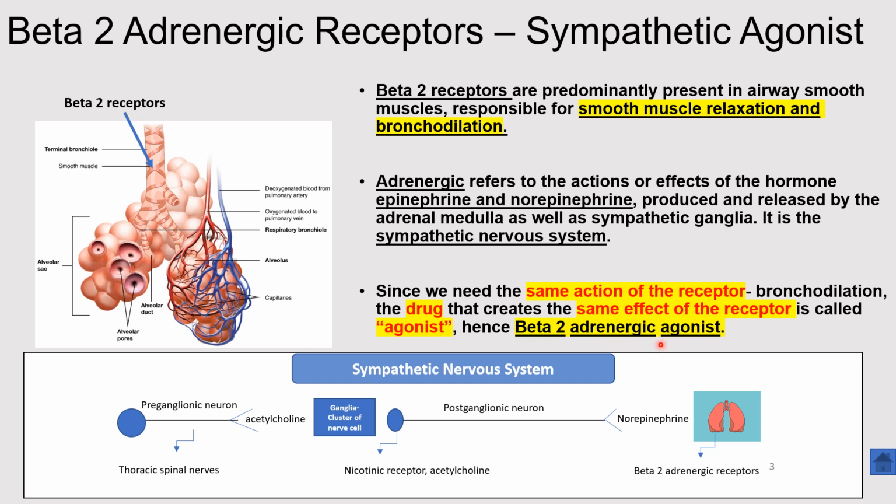Okay, hence the name beta-2 adrenergic, meaning they are stimulated by epinephrine and norepinephrine, which is part of the sympathetic nervous system. And agonist means they create the same effect when they get stimulated.